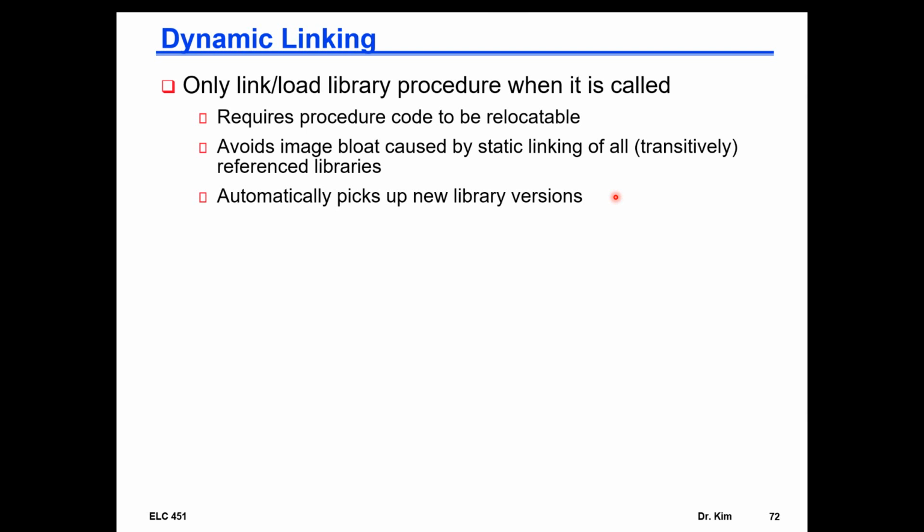So when that library gets updated or a bug gets fixed, you don't have to do anything to your code. As long as the API, the application programming interface, remains the same, which is of course the best practice, your program will continue to run and bring in the newest library. So that's another very desirable feature of dynamic linking.